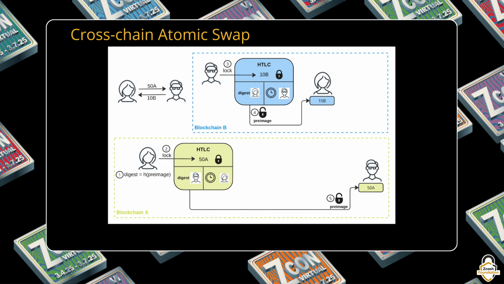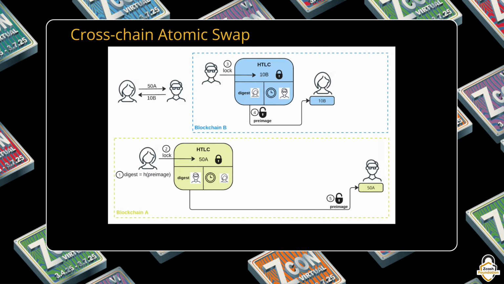And as previously, we would like to have an atomic swap. It means that if Alice sends 50 of asset A to Bob, she would like to be sure that she will receive 10 of asset B. And if Bob sends 10 of asset B to Alice, he would like to be sure that he will receive 50 of asset A from Alice. So it is either both of the transactions or none of them.